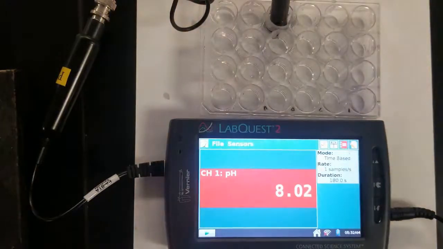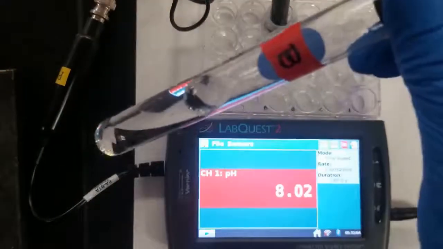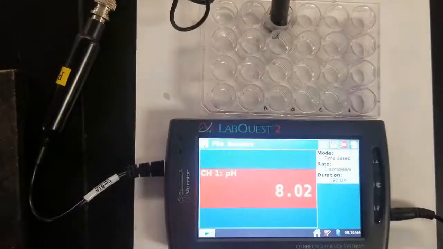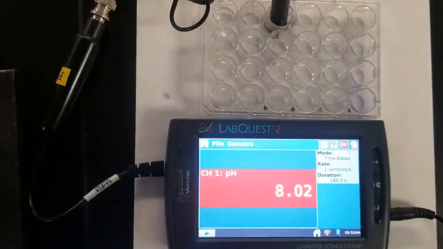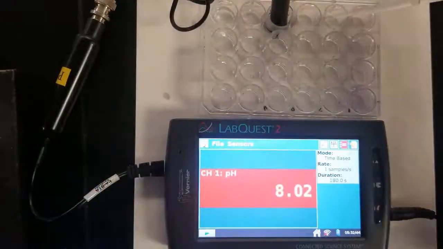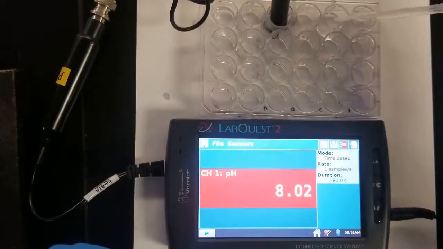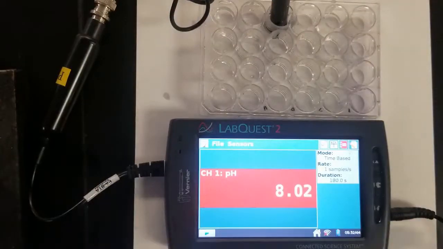And now we're going to do our unknown B, right? So we've got our unknown B here. Put a little bit of it in this fifth well, and we'll see what the instrument tells us the pH is, right?